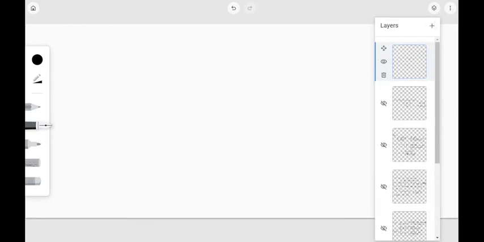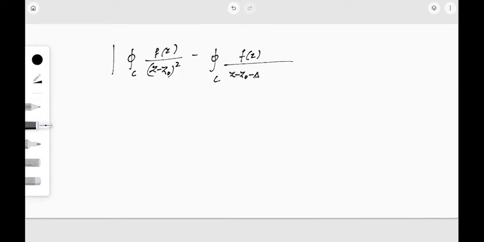We'll have integral over c f of z by z minus z dot square minus integral over c f of z by z minus z dot minus delta z into z minus z dot dz.